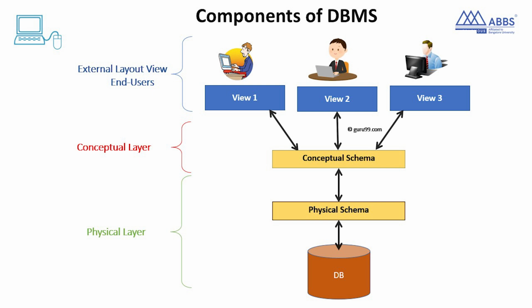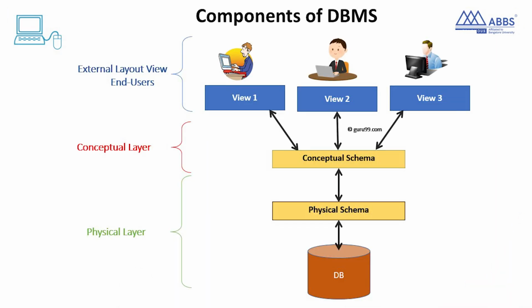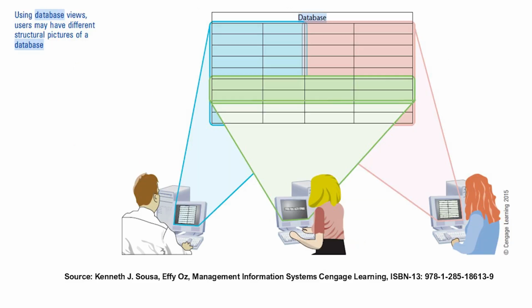In the conceptual layer, the data is organized logically in terms of tables and other structures. How it is arranged there could be relational or network, it could have multiple methods. And at the topmost layer you have the external view for the end users. What the end users see is not what is stored at the very fundamental level.